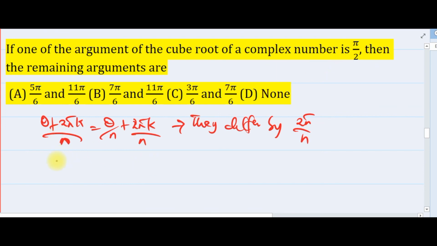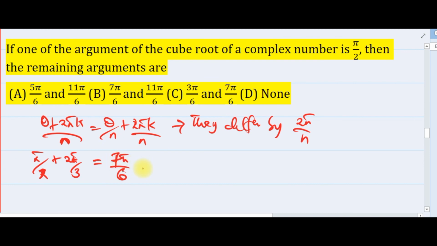So if the first one is pi over 2, one of the roots, let's add 2 pi over 3, because n is 3. So let's see what we get. This is 3 pi over 6 plus 4 pi over 6, which is 7 pi over 6.